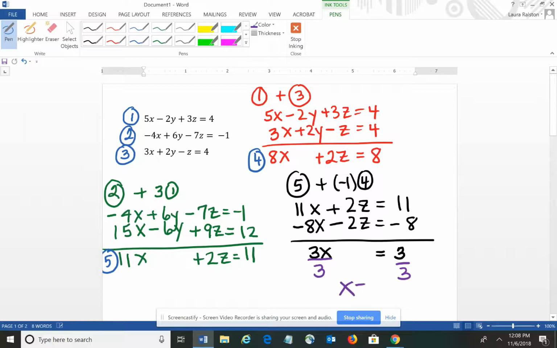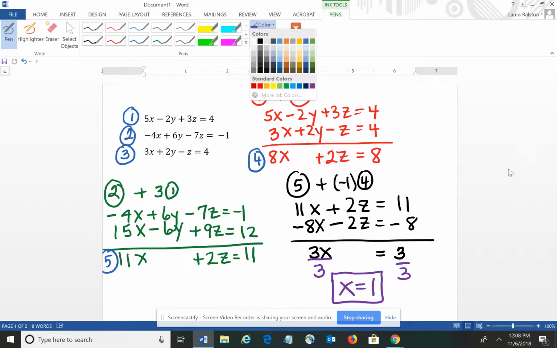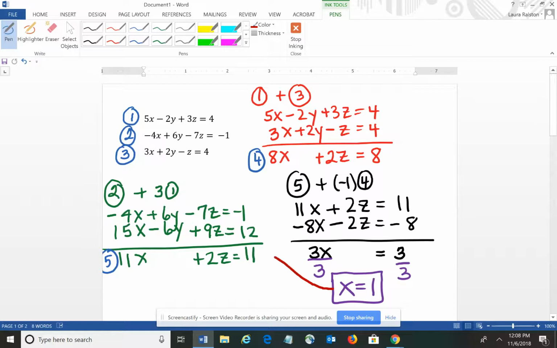So x has a value of 1. I then have to take that value, and you basically at that point have to backtrack to find the other values for z and y. So I'm going to take x is 1 and go back to equation 5 and substitute it in.